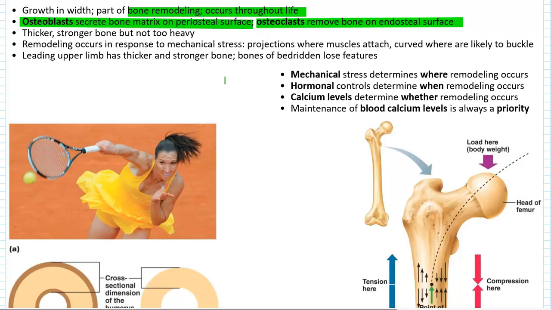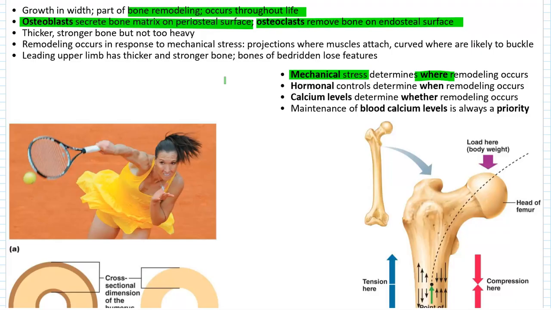Now, what determines where bone remodeling will occur? When and how? So, first of all, where is determined by mechanical stress. Okay? I already gave an example of that little bump on your middle finger.